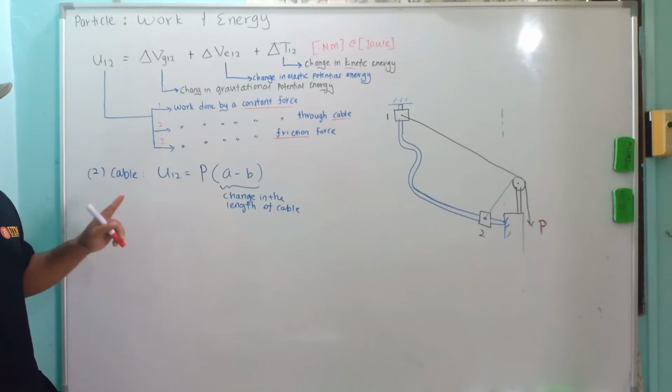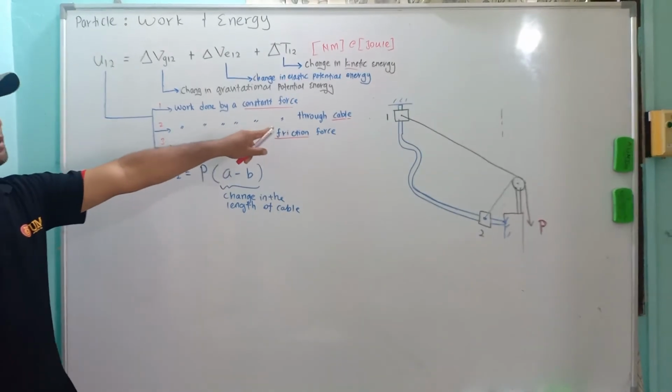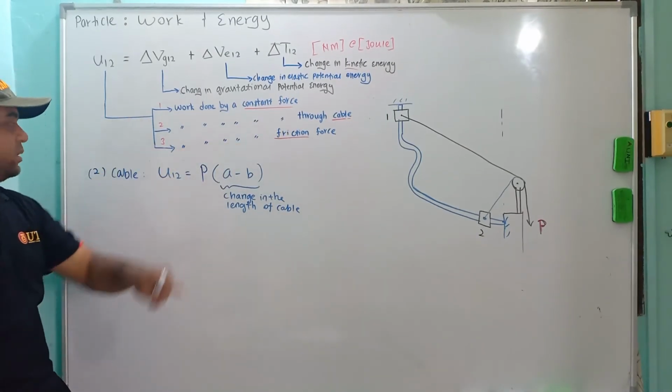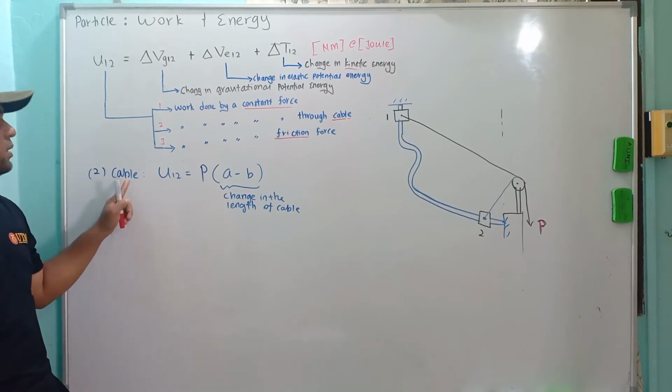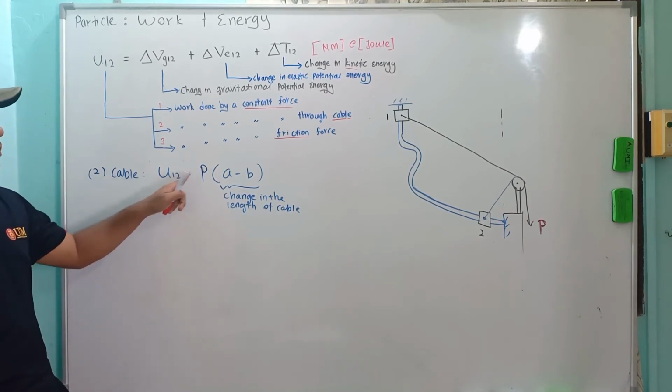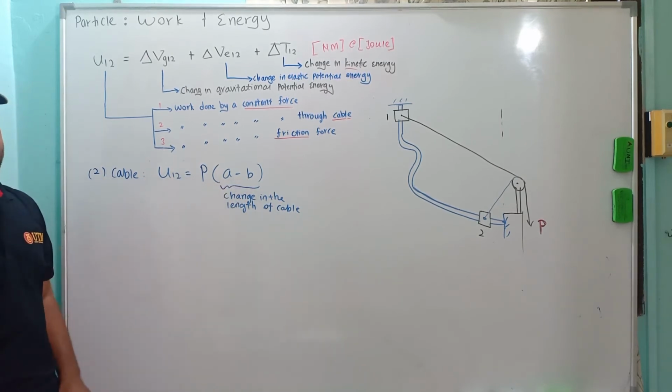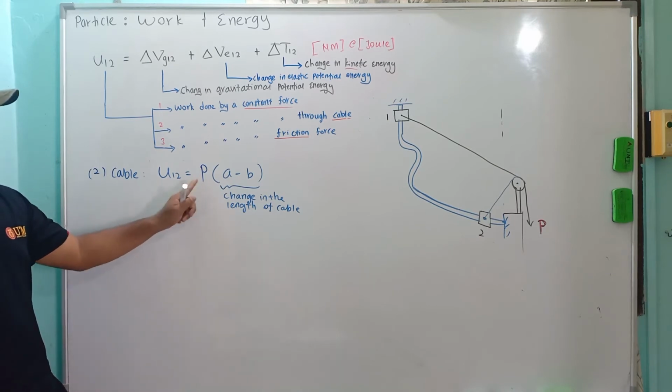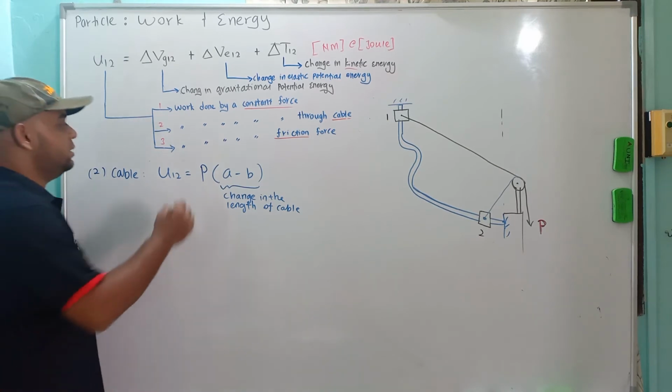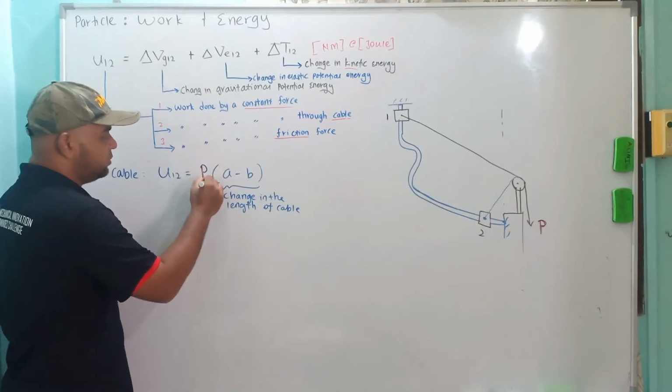The second one is the work done by a constant force through a cable. So U12 equals P times (A minus B). P is the constant force.